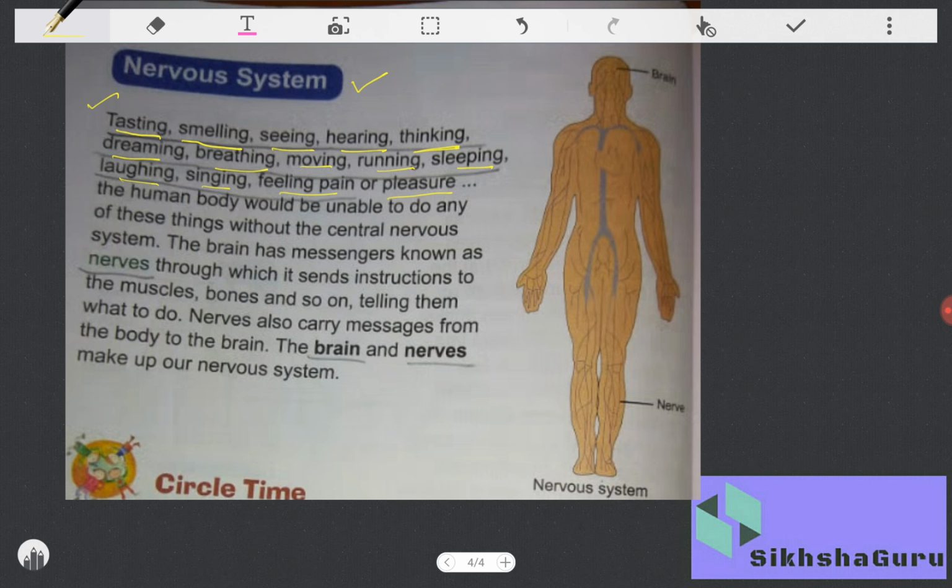The human body would be unable to do any of these things without the central nervous system.